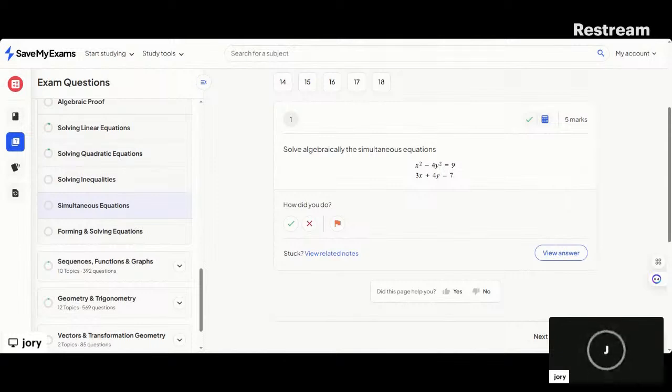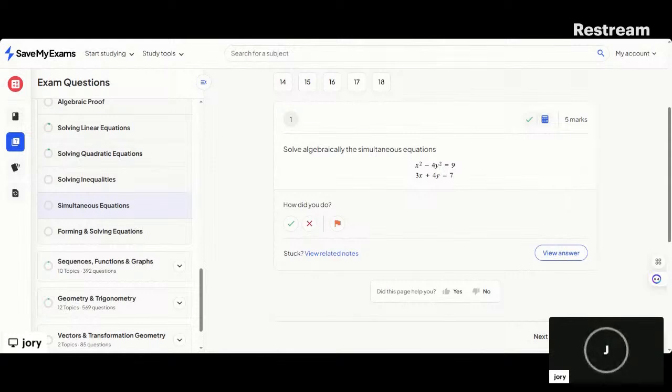So we've got 4x squared minus 49 plus 42x minus 9x squared equals 36. Simplify everything.